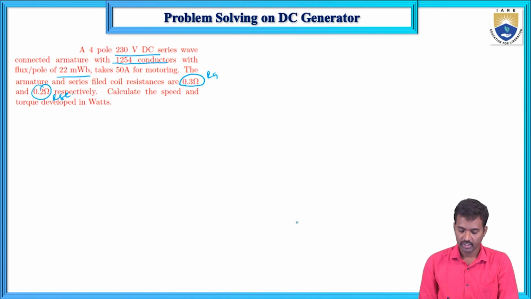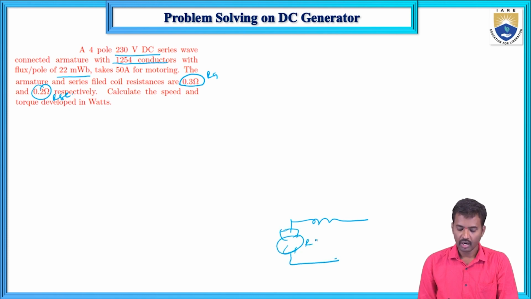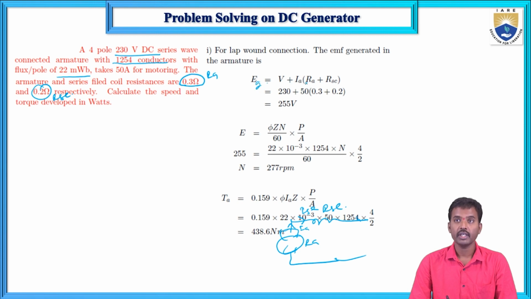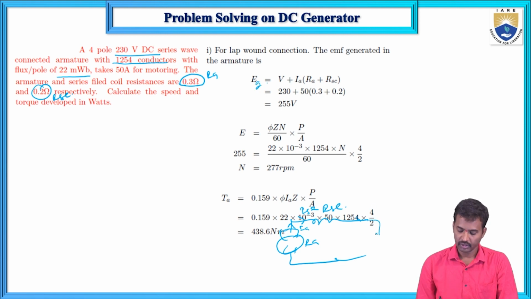Now here, this is RA and this one is R series, with I series and IA, and this is IL. So first, for the connection, the EMF generated in the armature winding, EG equals V plus IA RA. So this is the load.